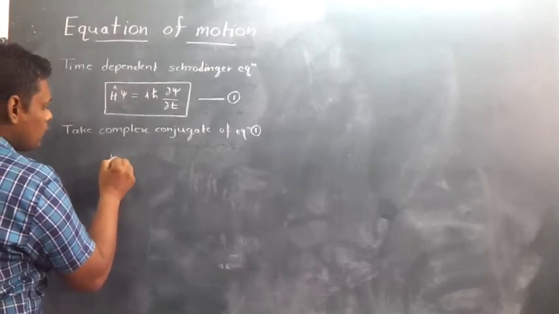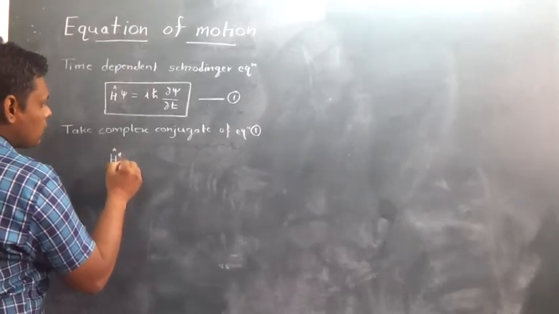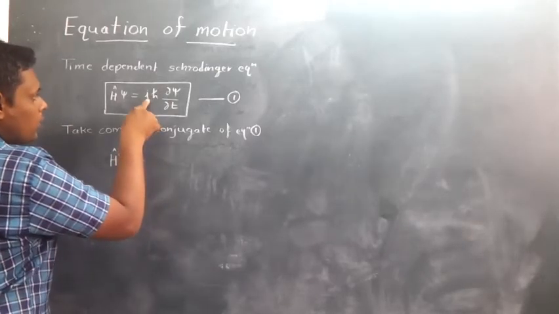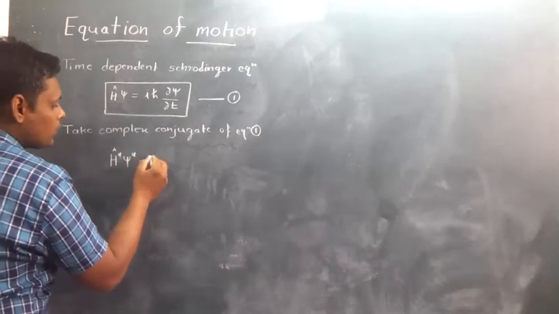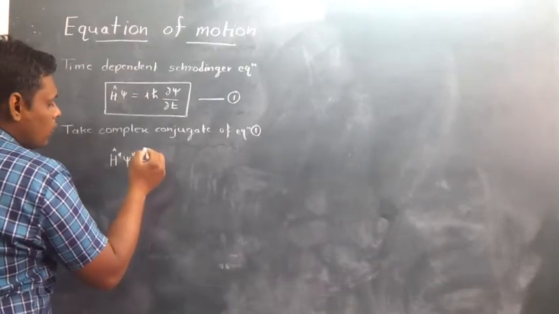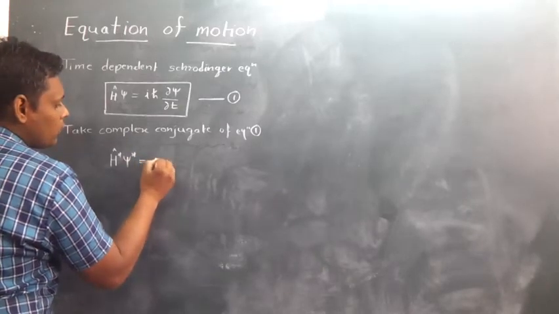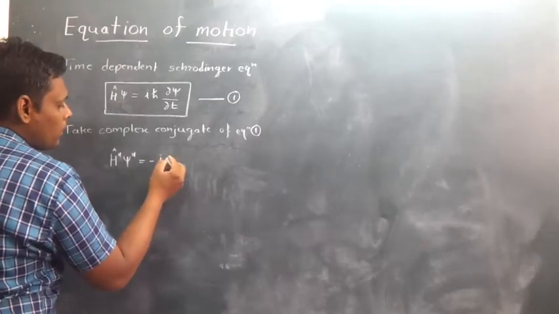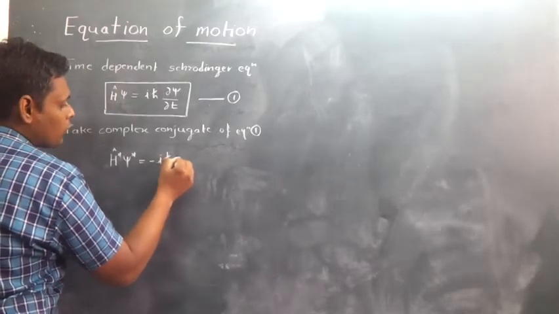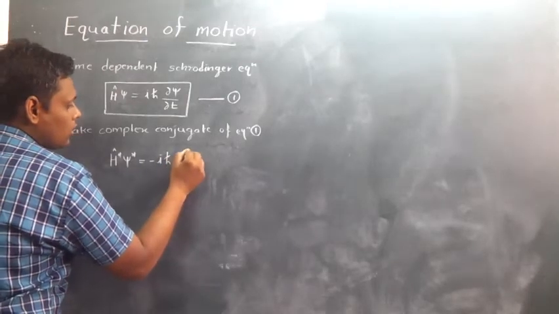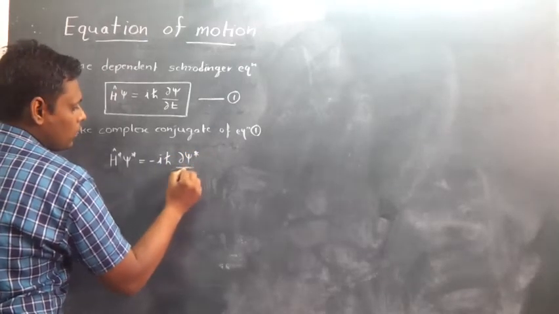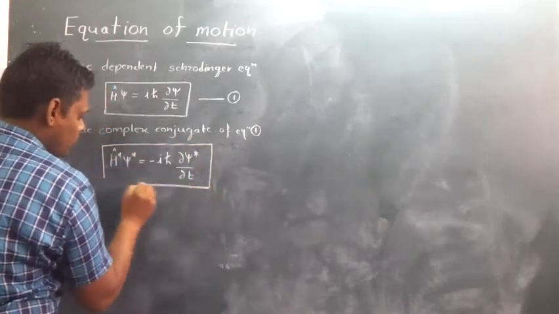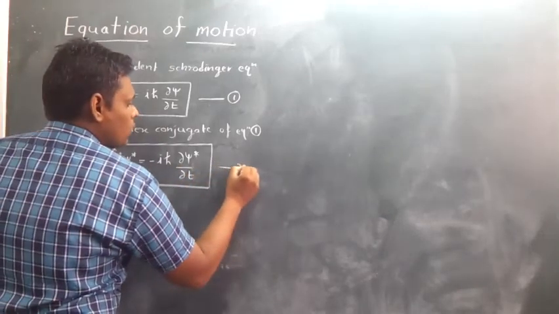It is H cap star psi star is equal to minus, because the imaginary term becomes minus when we do the complex conjugate, i h cross delta psi star upon delta t. So this is your equation number 2.